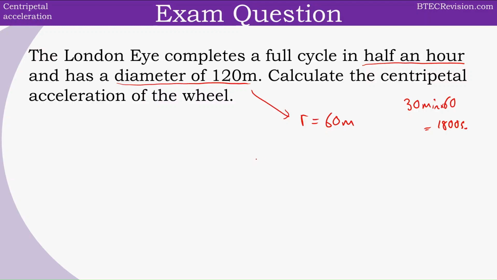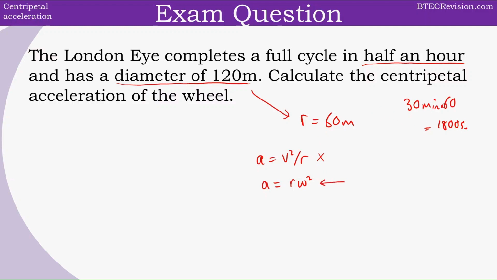Next, we can write down the equation. So we have acceleration is v²/r, and we also have acceleration equals rω². So we can see which one we should be using. It's not this one because we don't have anything to do with velocity.